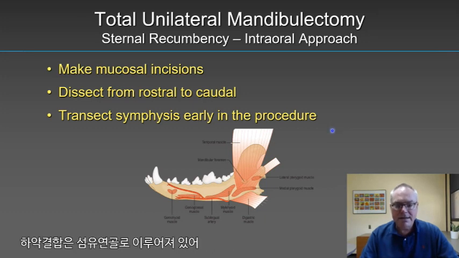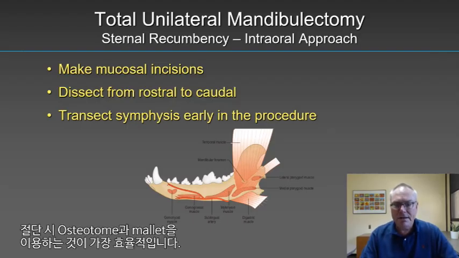Transecting the symphysis typically is done with an osteotome and mallet because the symphysis consists of fibrocartilage. So that seems to be the most efficient way of cutting it.